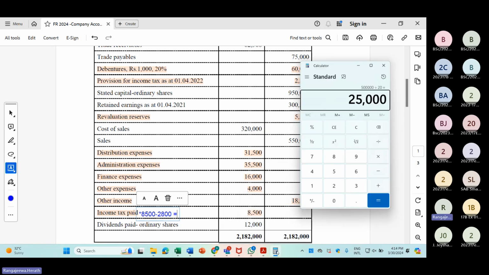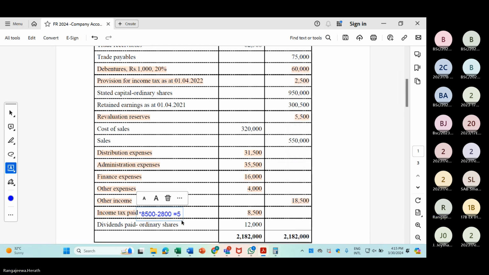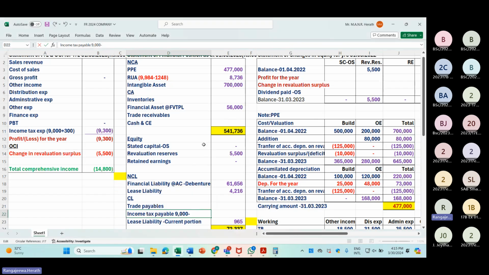So payment for this year is 8,500 minus 2,800, only 5,700. Out of the total 9,000, 5,700 paid. The balance 3,300 is payable. Tax payable is 3,300.